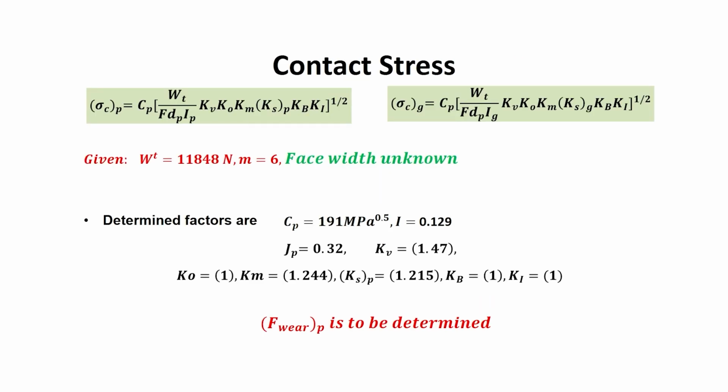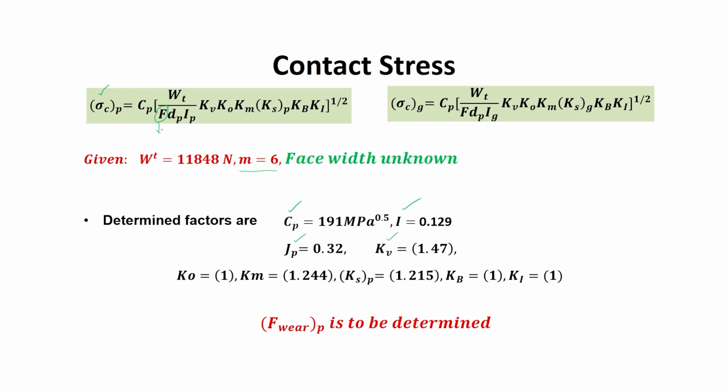So, we have determined all the factors of the surface stress for the case of pinion and gear, and we have Wt equal to 11848, the transmitted load, and the module is 6. So, knowing the Cp, I, Jp and Kv, we can find the surface stress acting on the pinion, but the face width is unknown.